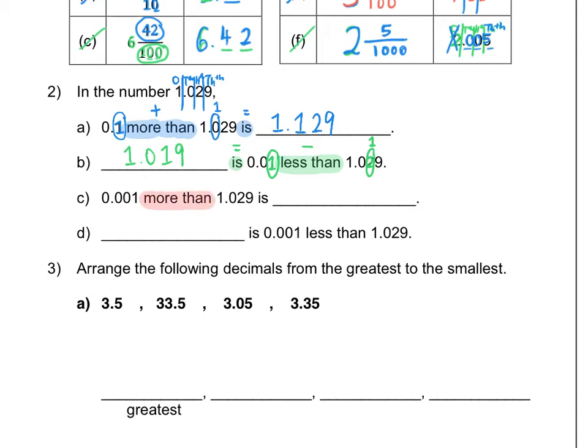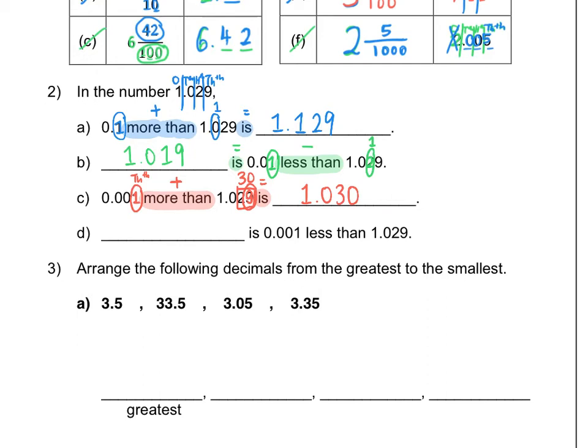Let's go on to part C. 0.001 more than 1.029 is blank. So same thing, more than means plus, is means equal. The digit 1 in 0.001 is in the thousandths place. So we focus on the digit in the thousandths place, that is digit 9. 9 plus 1 gives 10. So we need to regroup. 29 becomes 30. So your answer should be 1.030.